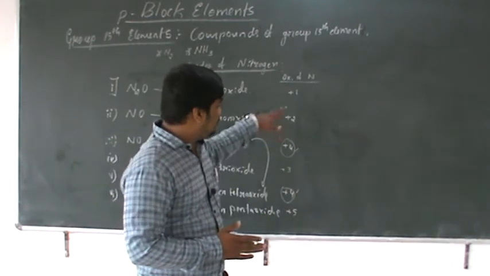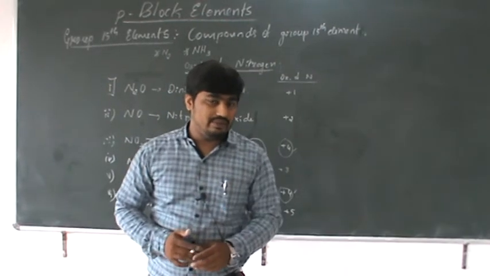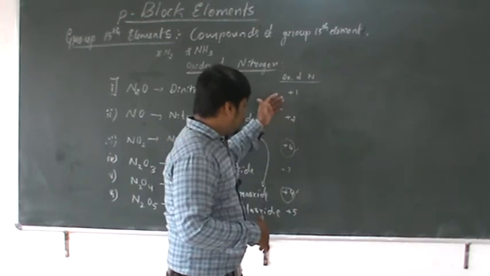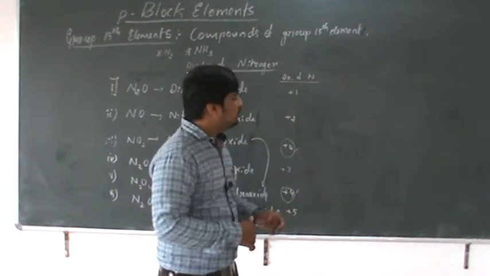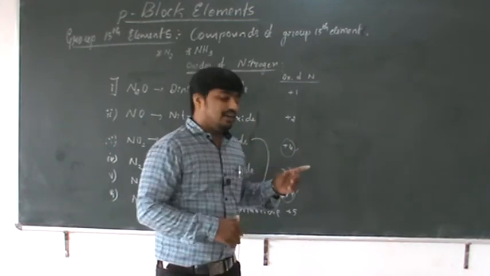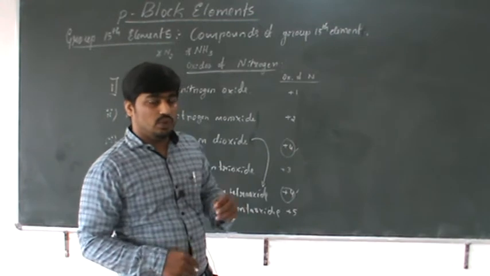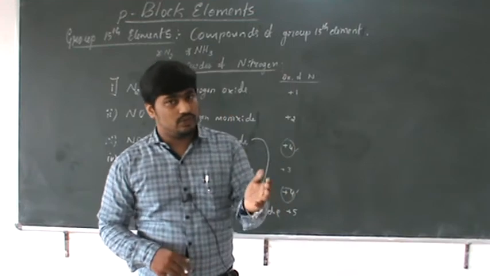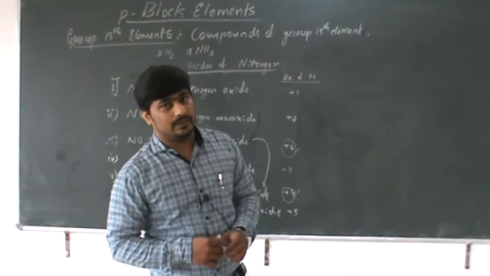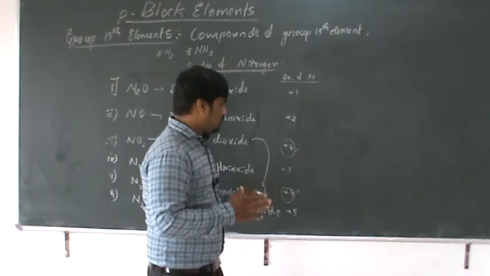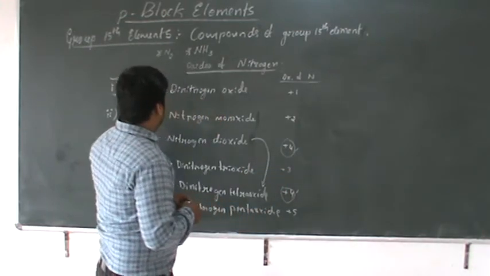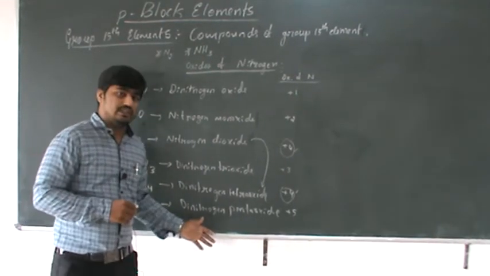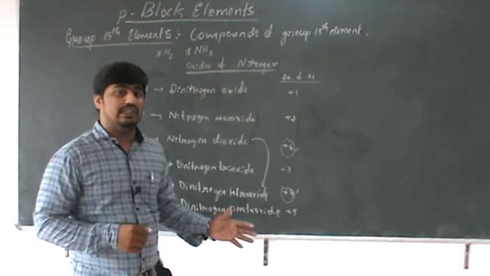There is a trick to directly identify the acidity of compounds if the compound shows multiple oxidation states. The compound showing a lower oxidation state is less acidic, and the compound showing a higher oxidation state is more acidic. As we move down the oxides, the oxidation state of nitrogen increases, hence acidity increases.